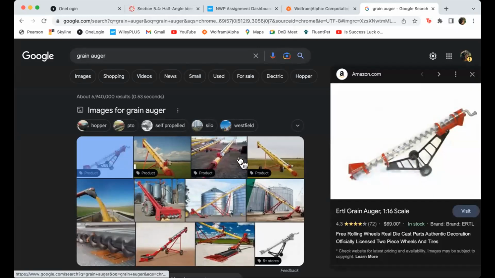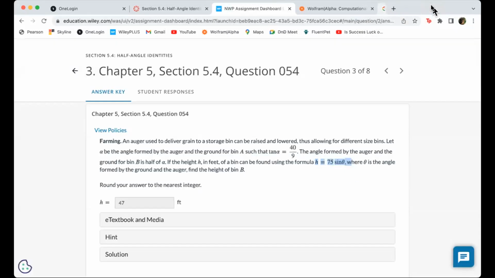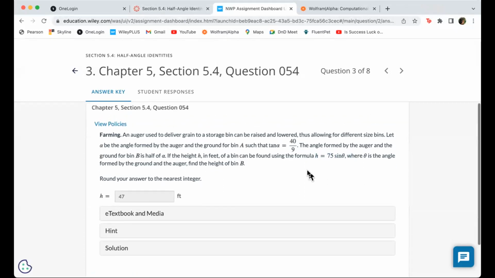Look, the auger to lift. Yeah, see, it's just a screw in a tube. And then the screw turns, but it doesn't move anywhere. So all the stuff that it's sitting in, it pulls the grain out.